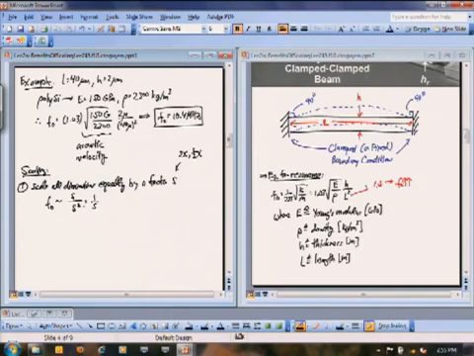Okay, but I can make a lot of choices. Right? I could make a second choice, and I can say, I want to scale L only and not scale H. So if I do that, then I can write an equation: f naught then goes as 1 over S squared, okay, which is a much faster rate of increase for frequency.